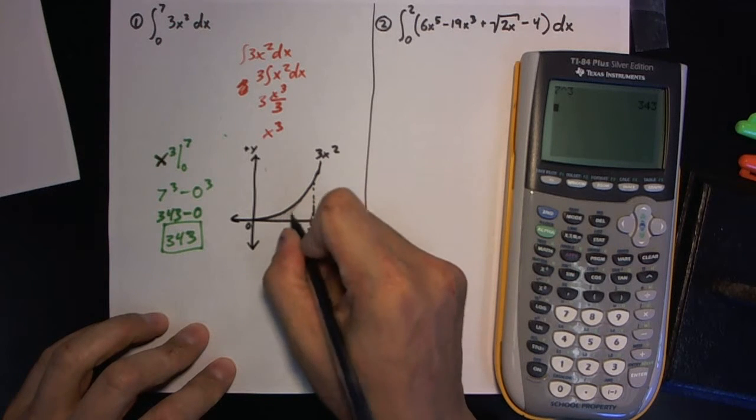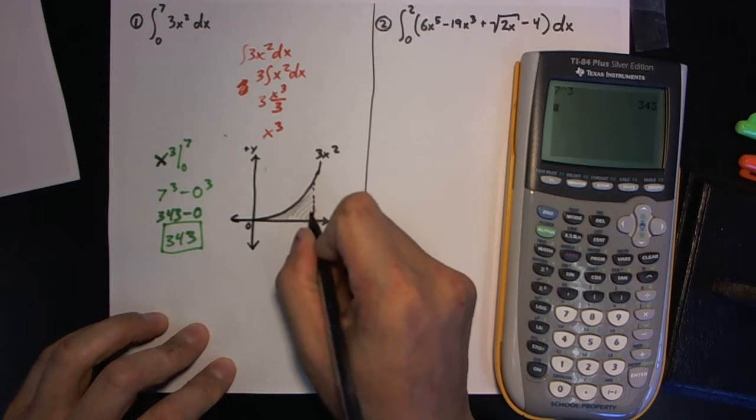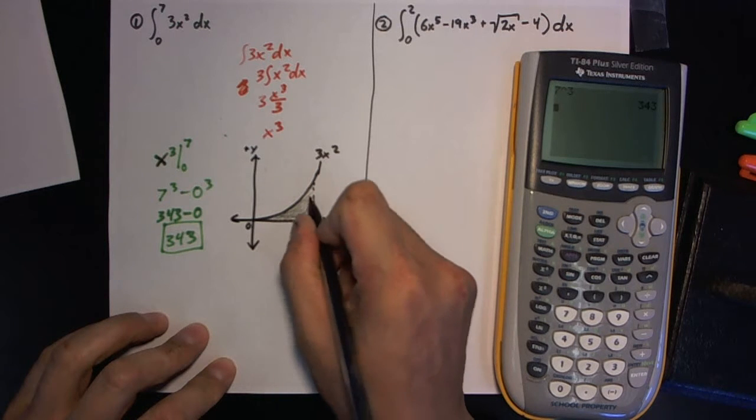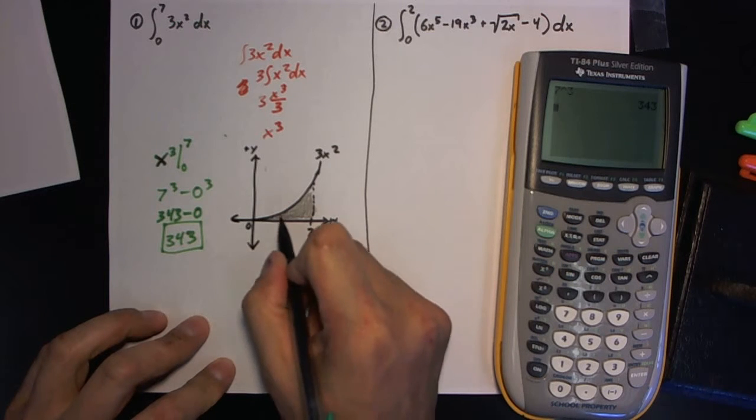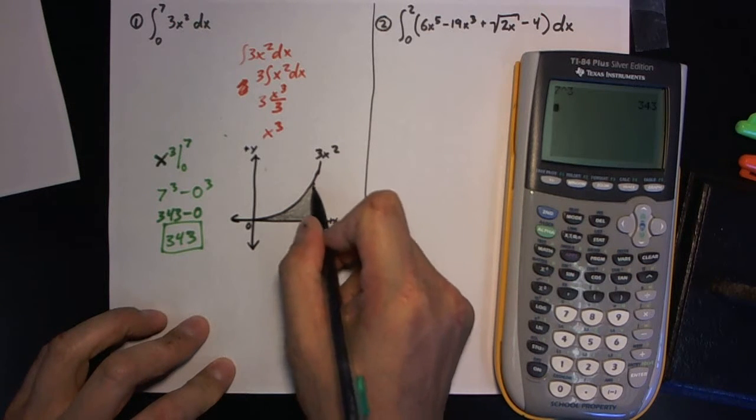So this area that I'm shading right now, this is 343 units, or 343 square units, I should say, because it's an area.